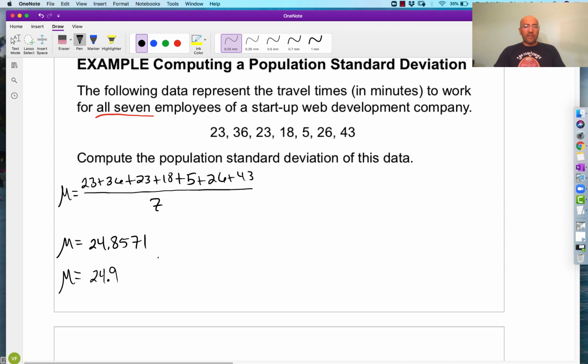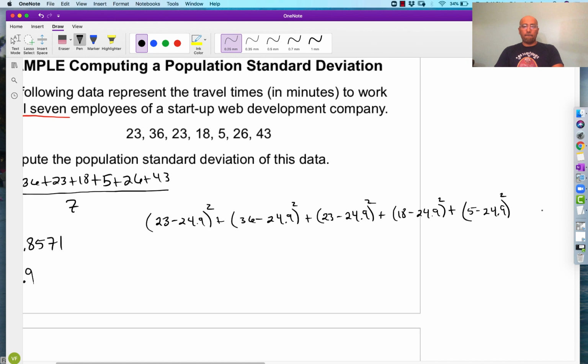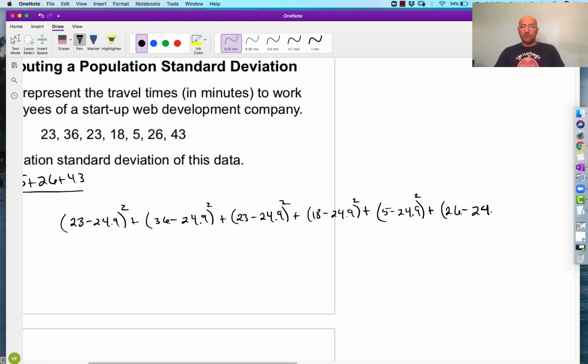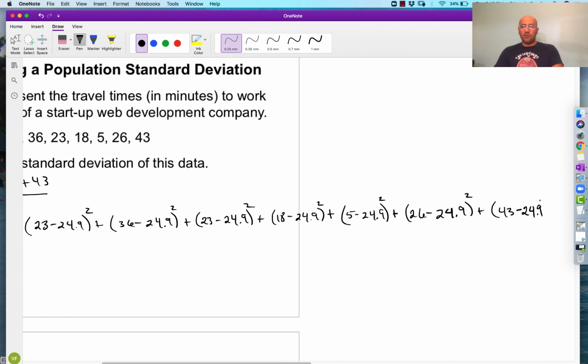What we're going to do is take each one of these numbers, subtract the mean, and square them. 23 minus 24.9 squared, plus 36 minus 24.9 squared, plus 23 again minus 24.9, square that, plus 18 minus 24.9, square that, plus 5 minus 24.9, square that, plus 26 minus 24.9 squared, plus 43 minus 24.9 squared.